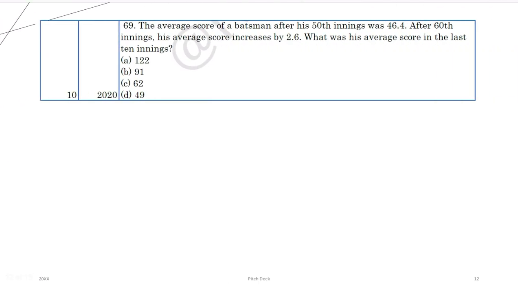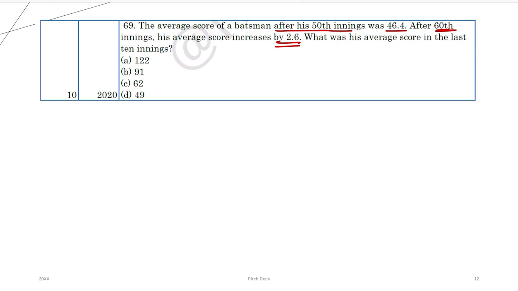Now this question is similar to what we did in the Virat Kohli example. Let's read the question. The average of a batsman, say Virat Kohli, after 50 innings was this much. After 60 innings, meaning 10 more innings, the average increases by 2.6.